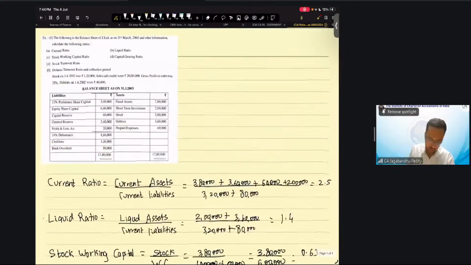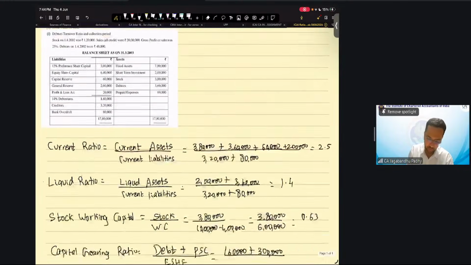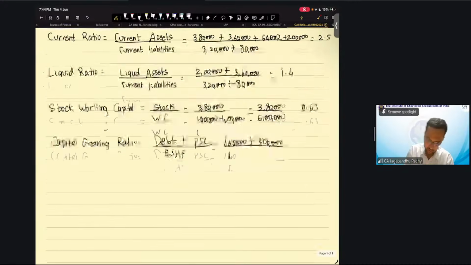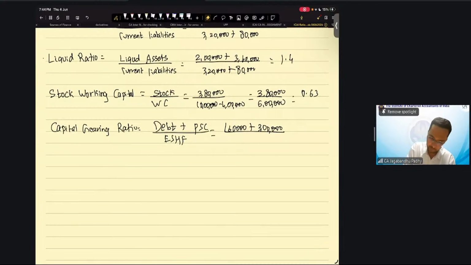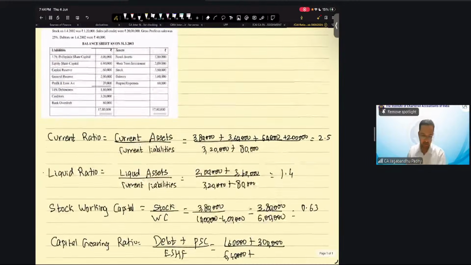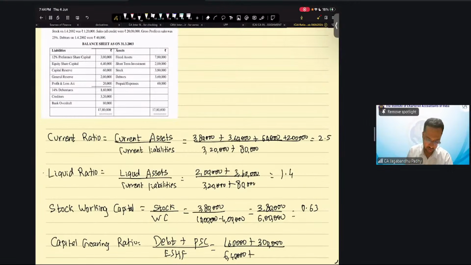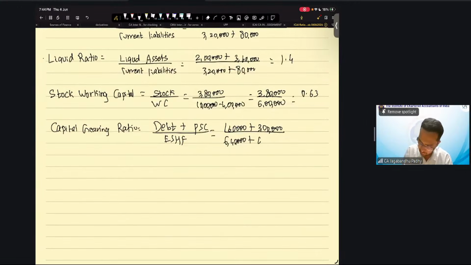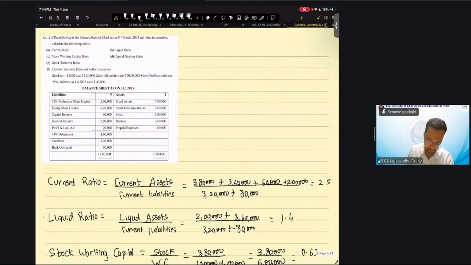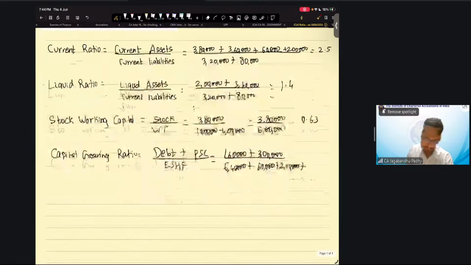We divide it by equity shareholders fund, which will be 6,40,000 of share capital plus 60,000 plus 2 lakh plus 20,000 of P&L.